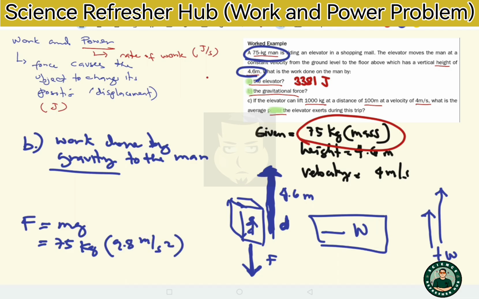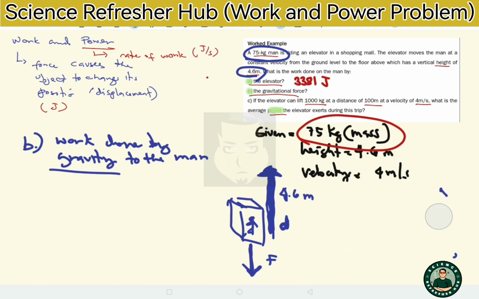So 75 times 9.8, you will have 735 kilogram meter per second squared. We can conveniently write it as Newton, unit of force. Force is gonna be 735 newtons. That's the value of force.